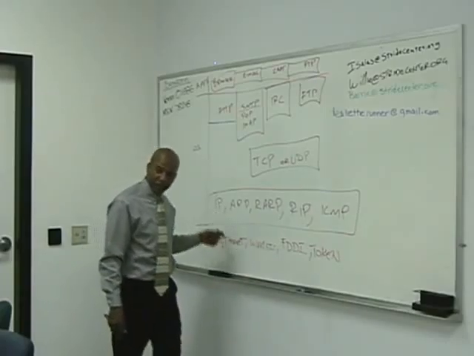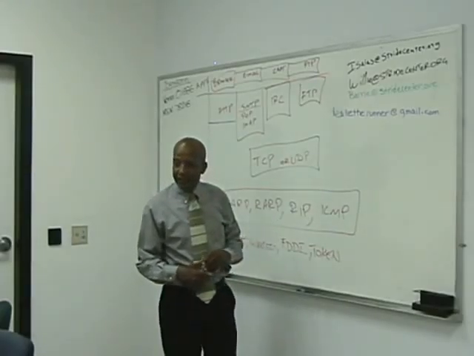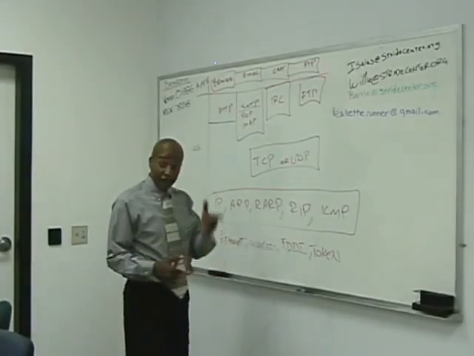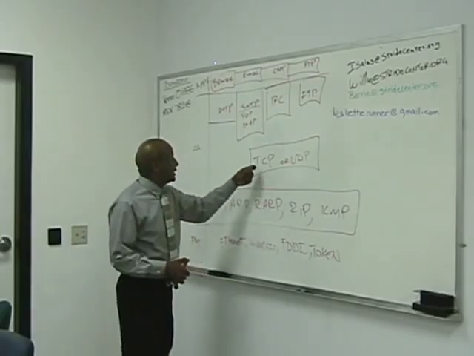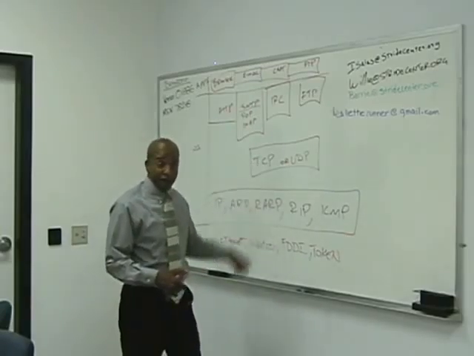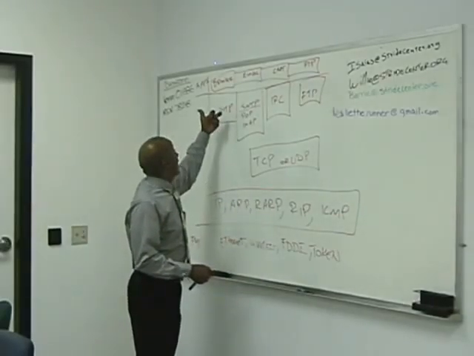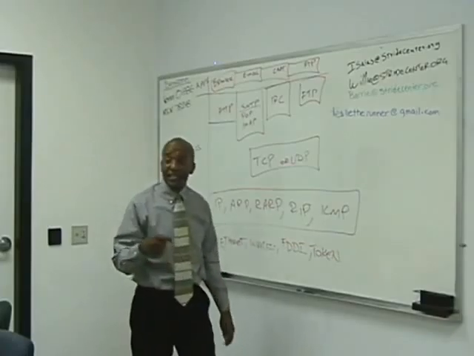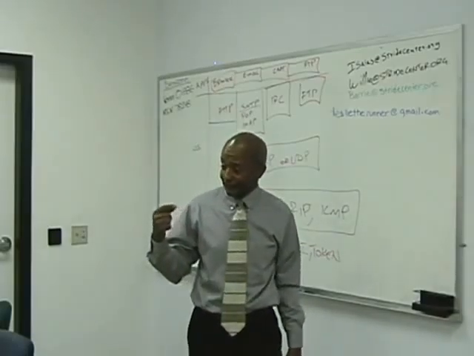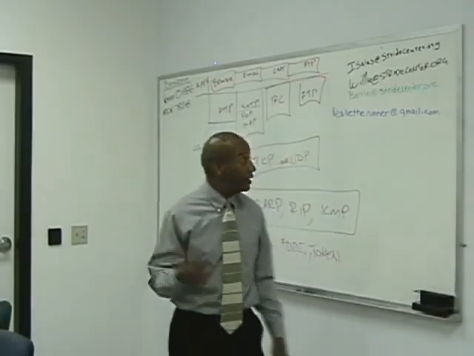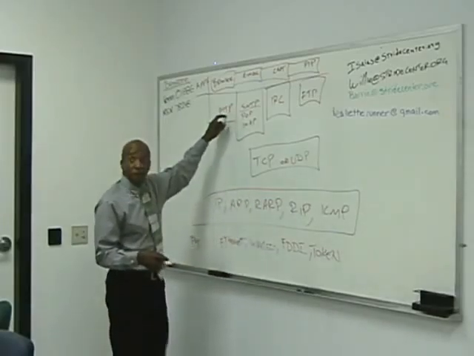IP is responsible for getting the data to its target. TCP is responsible for guaranteeing the connection. HTTP, if there's any encryption or compression, it's going to happen here.